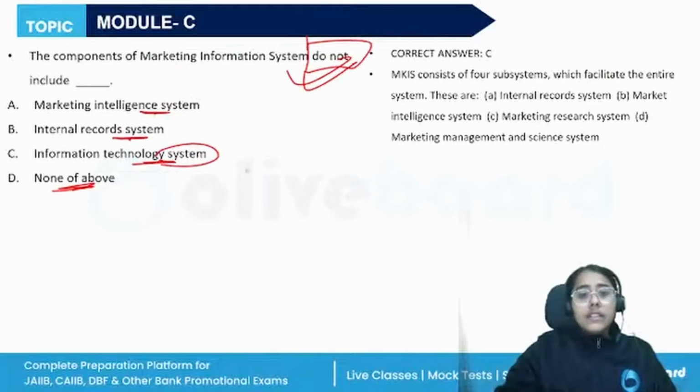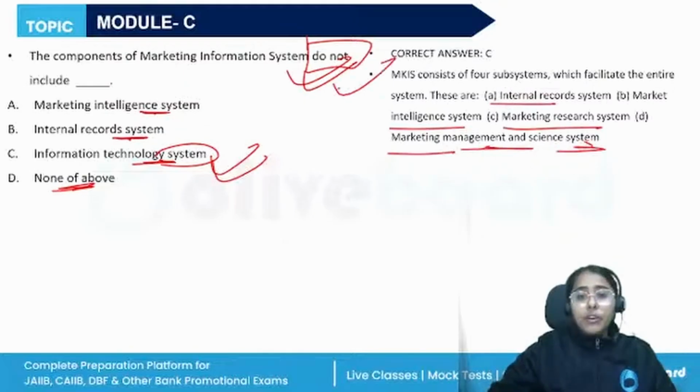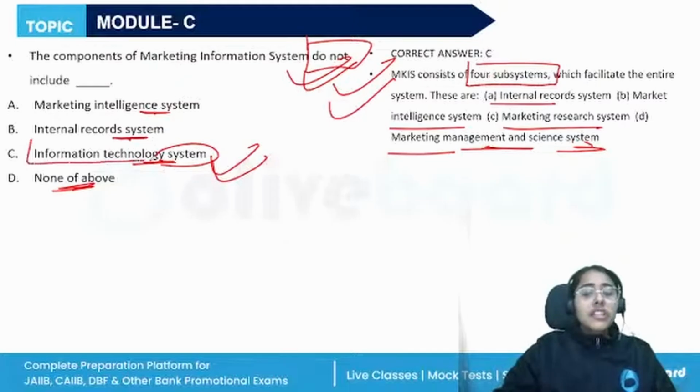The four subsystems are internal record system, market intelligence system, marketing research system, and the marketing management and science system. Very important. MKIS consists of these four subsystems, but it does not include the information technology system.